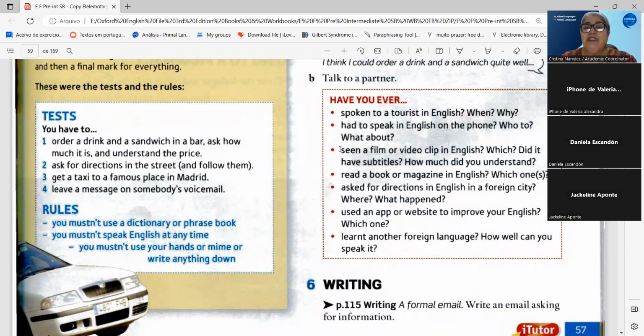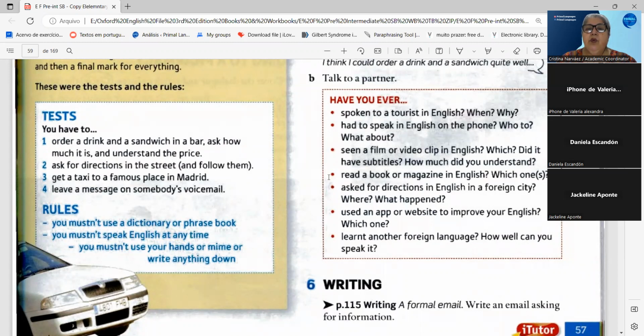Have you seen significa ir al cine para ver la película. Pero si yo digo, have you ever watched a film? Ahí ya significa que es en la televisión, que es en casa. Pero seen a film implica ir al cine para ver la película. ¿Ok? Great then.